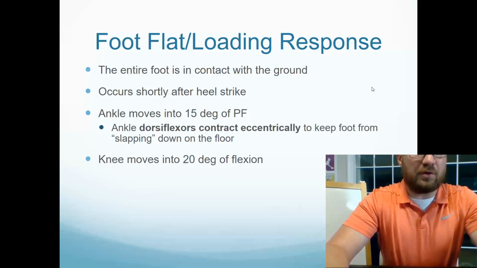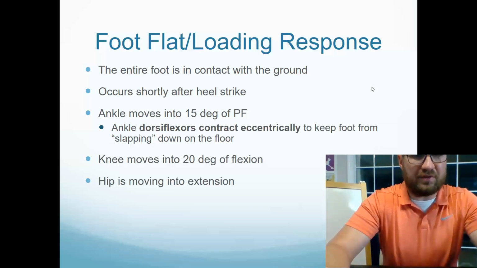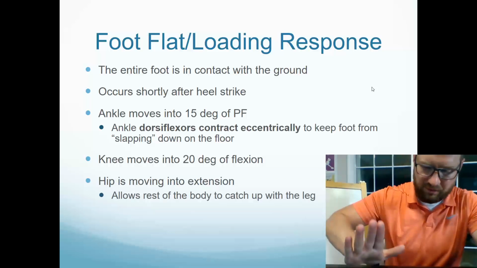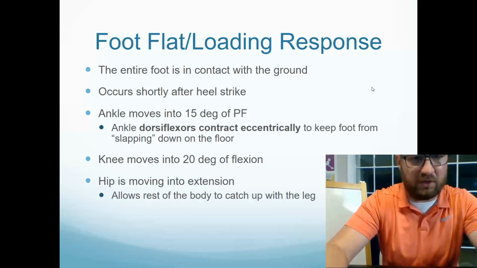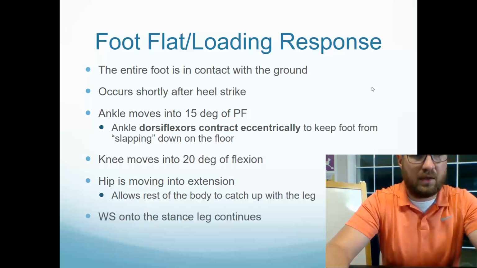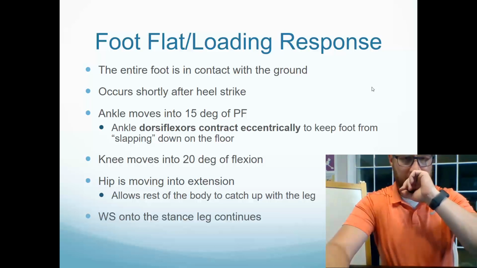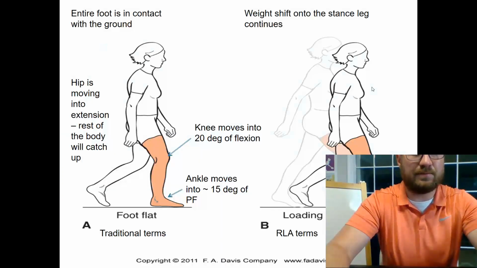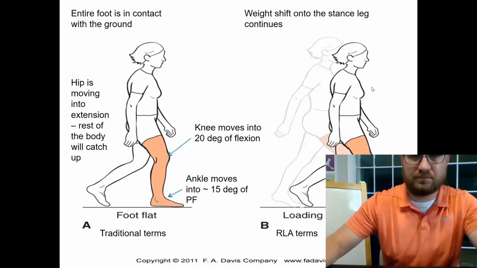During foot flat or loading response, the knee moves into 20 degrees of flexion. The hip is moving into extension because our body is now moving over a fixed surface after our heel hits the ground. And our weight shift onto the stance leg continues. 15 degrees of plantar flexion, eccentrically.